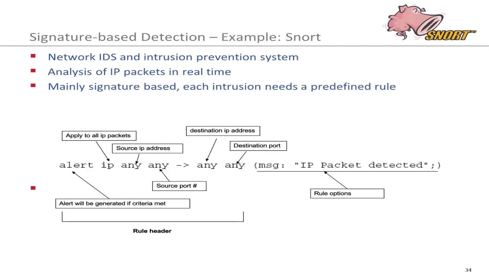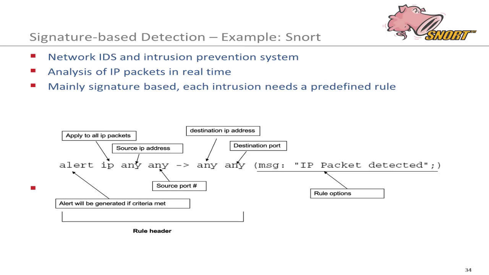Snort is one of the most well-known signature-based IDSs on the network level, and you can see the language that they use to describe rules. Here you specify what should happen if this rule matches: in this case, an alert should be generated. It applies to IP packets.